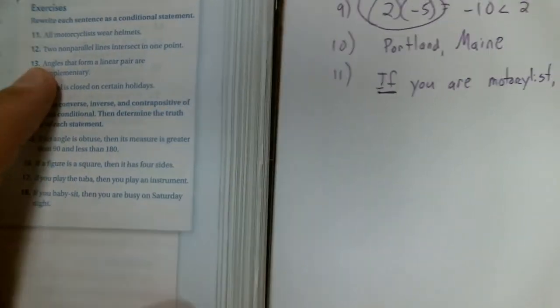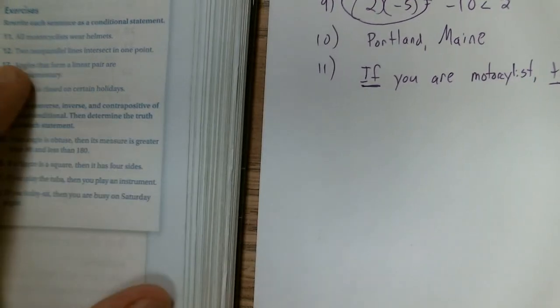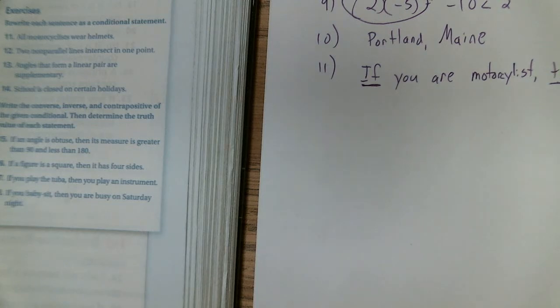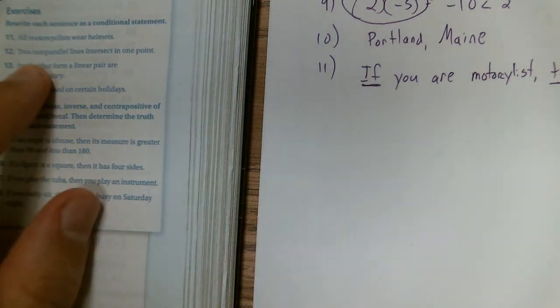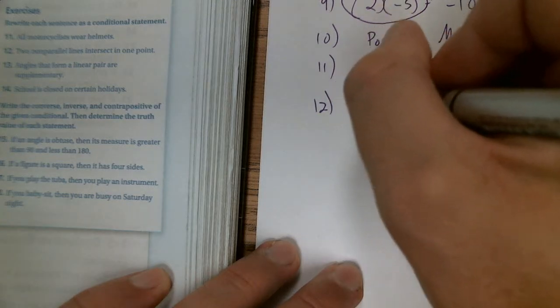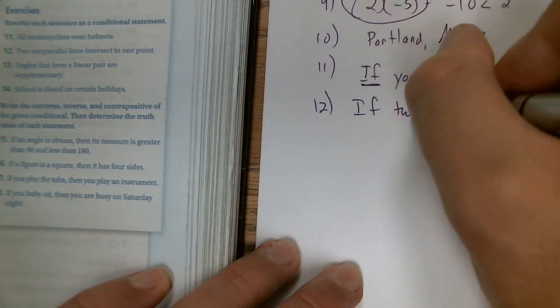Okay, number 12 says two non-parallel lines intersect in one point. So how can I write that with an if and a then? This time I pretty much can just go ahead and throw in an if in the front.